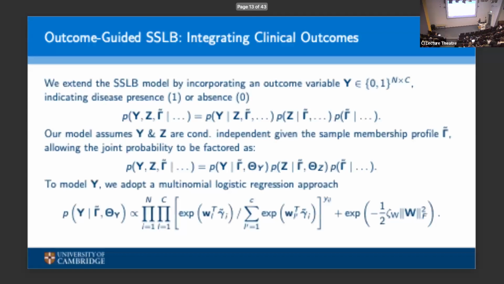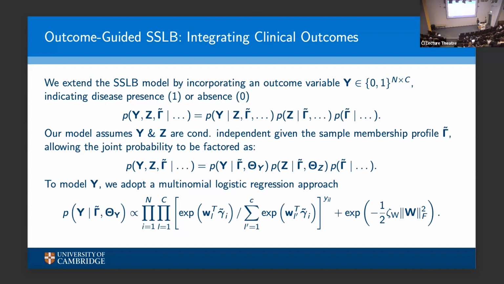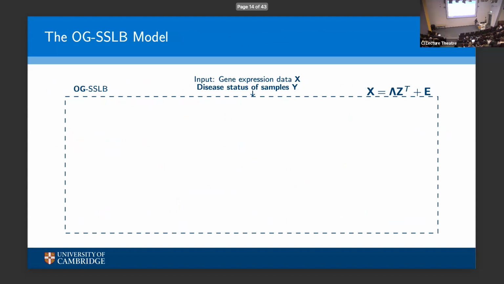In this case, what we do is adopt a multinomial logistic regression approach. So compared to SSLV, OGSSLV has the gene expression data and also the disease status of samples in a matrix, capital Y. You can imagine that it's a binary matrix that tells you which sample has a particular disease or which sample is healthy, and so on.